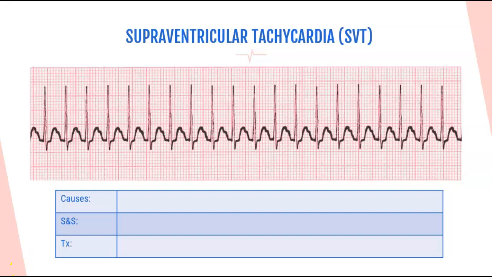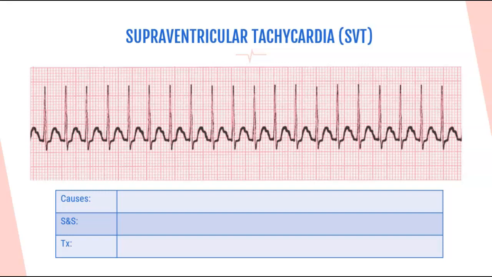Treatment includes eliminating the cause. Usually the first treatment for SVT will be some type of vagal maneuver, such as carotid sinus massage, asking the patient to bear down, or asking the patient to cough. There's also the dive reflex, where you splash ice cold water on the face.